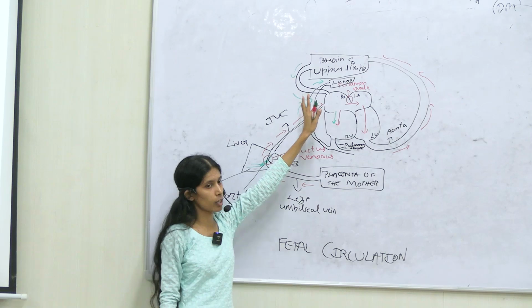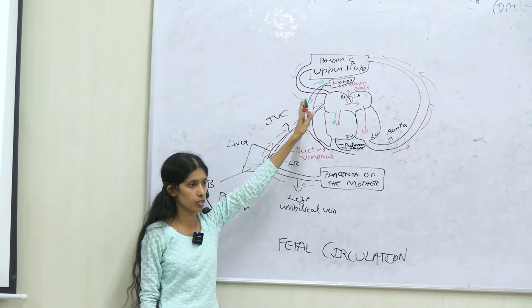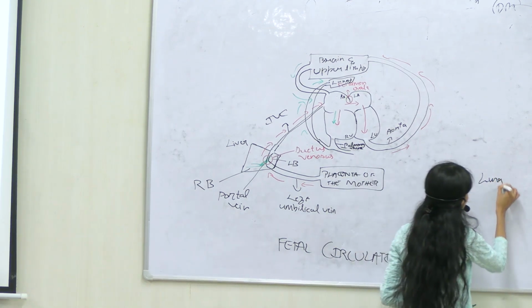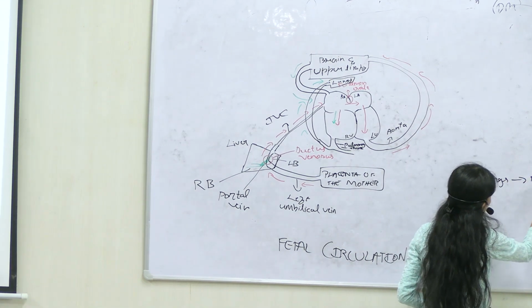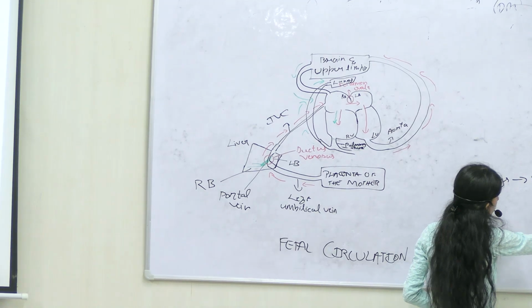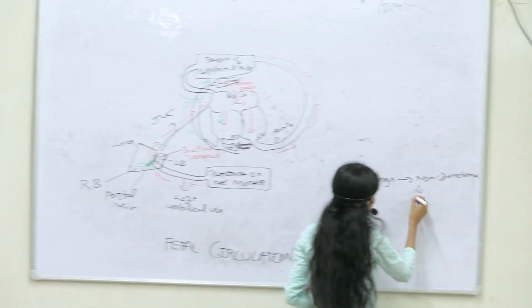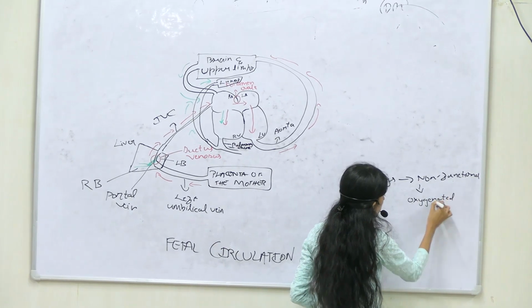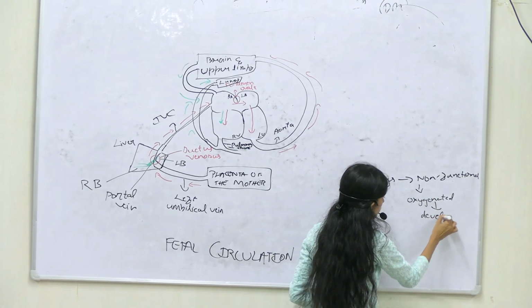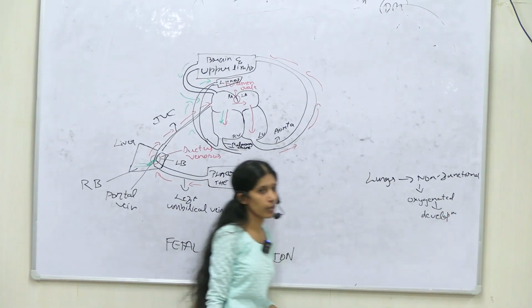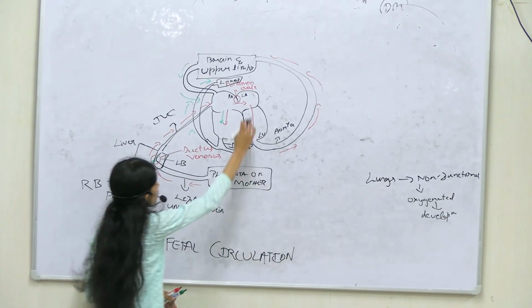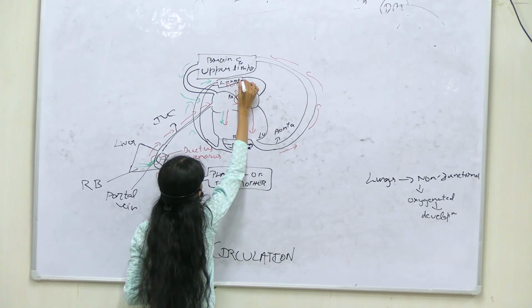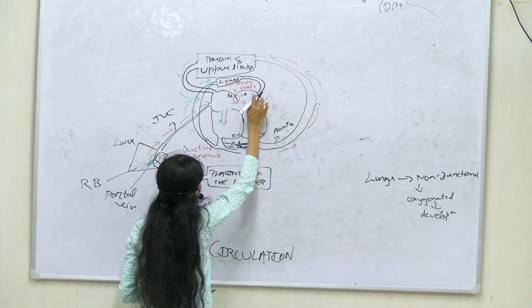Once the mixture of oxygenated and deoxygenated blood enters your lungs, remember your lung at this stage is non-functional. So it is only going to utilize the oxygenated blood required for its development. So again, whatever the deoxygenated blood is remaining is going to return back to your left atrium.